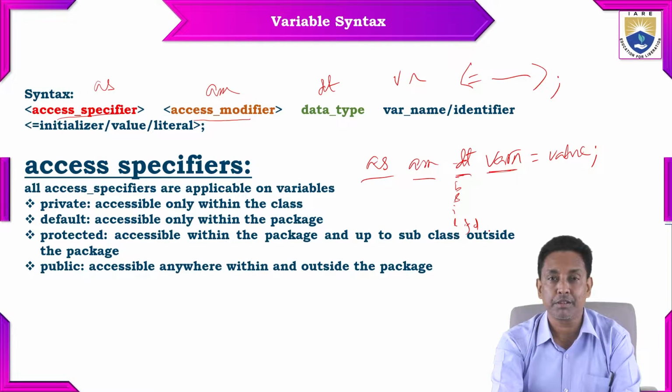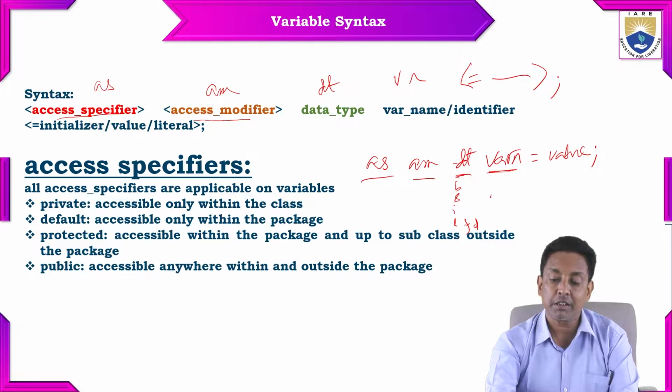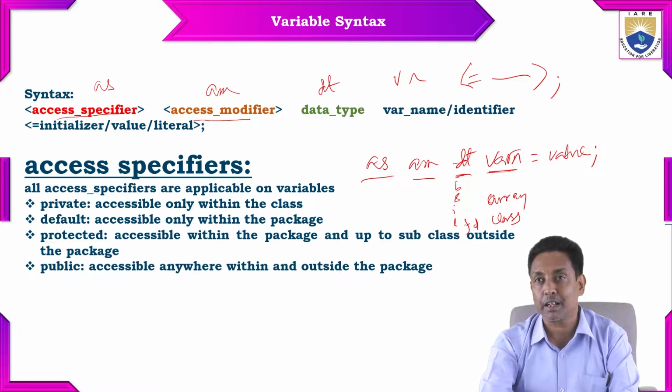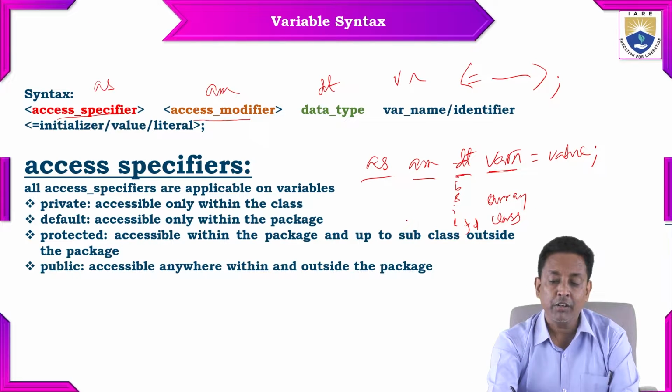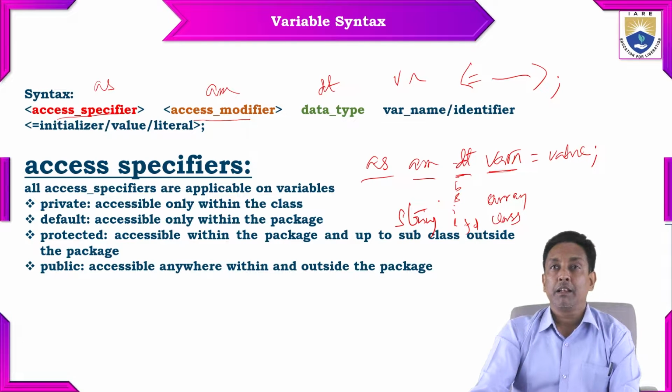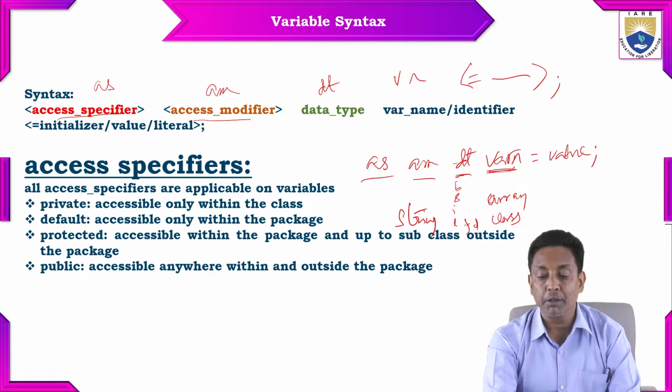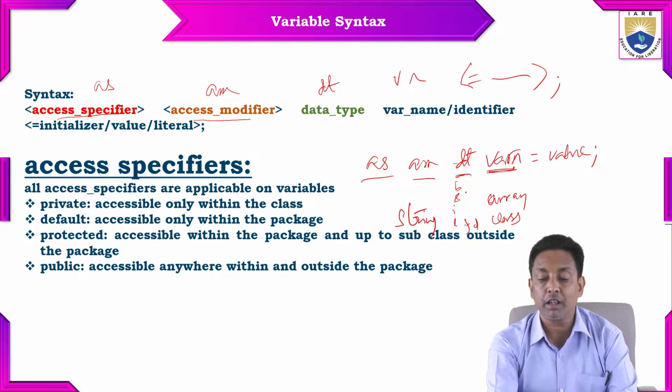Secondary data types are array type or any class type, including String. So the data type can be any primitive type, class, or array reference, followed by the variable name is equal to its initial value.